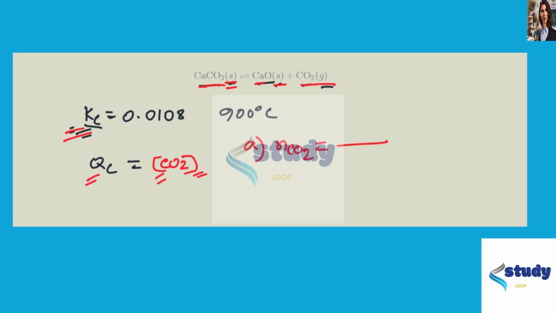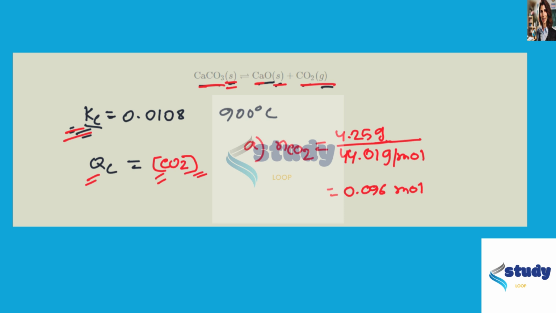So the mass of CO2 is 4.25 gram over the molar mass, 44.01 gram per mole, and this will give us a value of 0.096 mole.